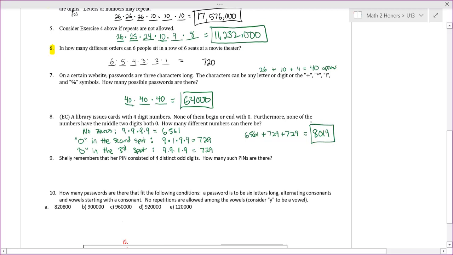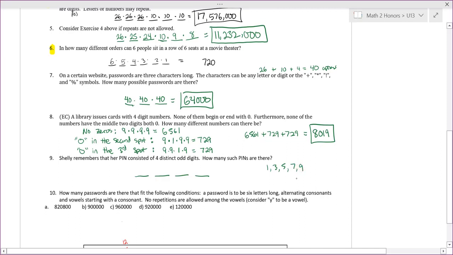Number 9. Shelley remembers that her pin consisted of 4 distinct odd digits. How many such pins are there? So you have 4 digits. They're odd. The odd digits would be 1, 3, 5, 7, and 9.